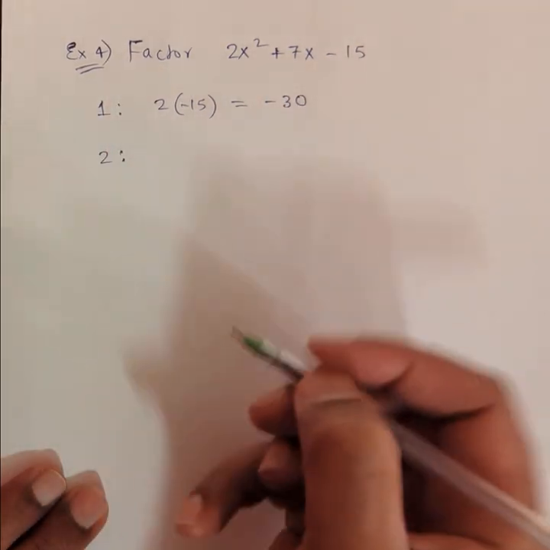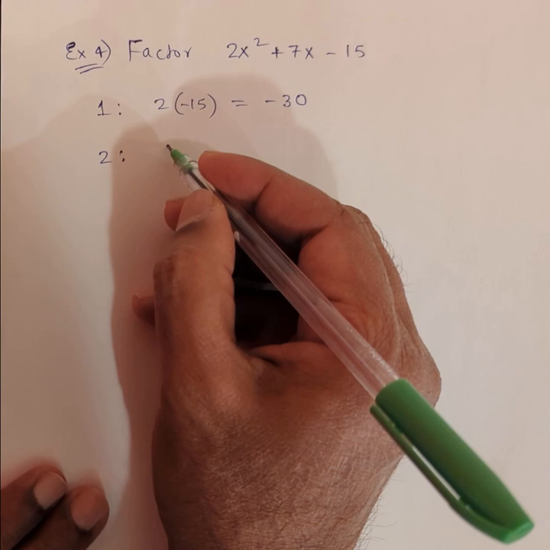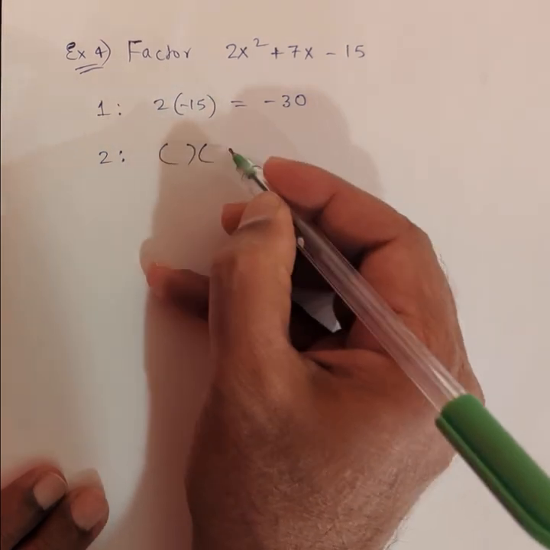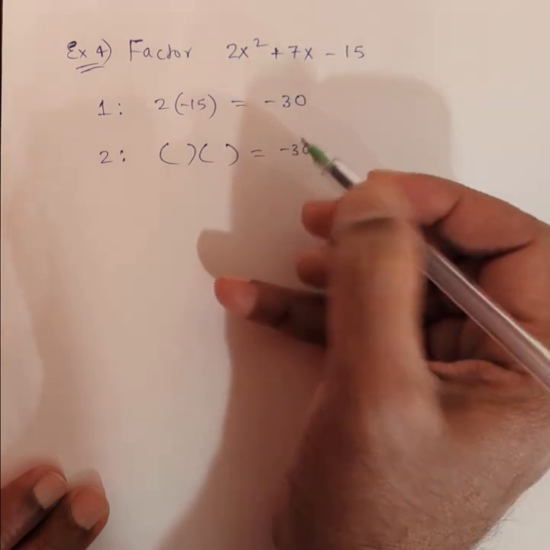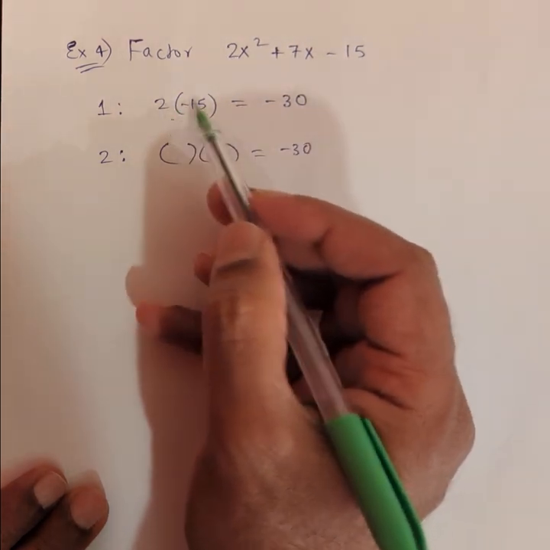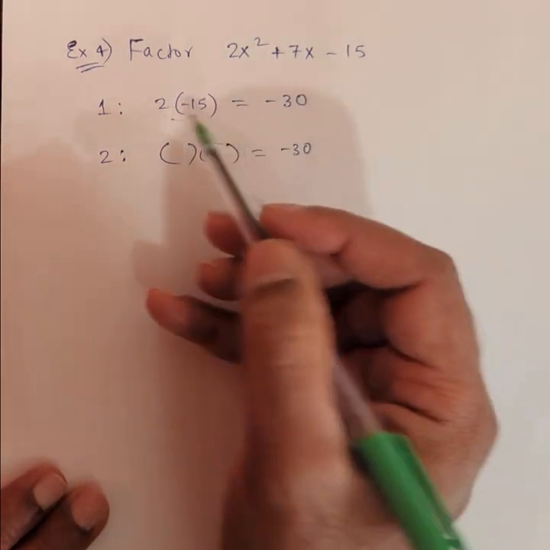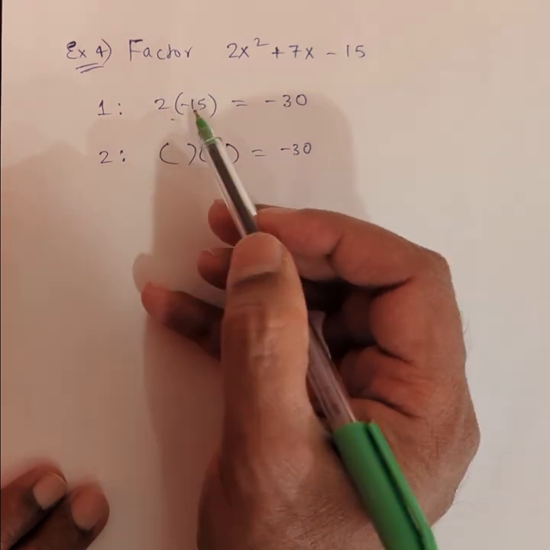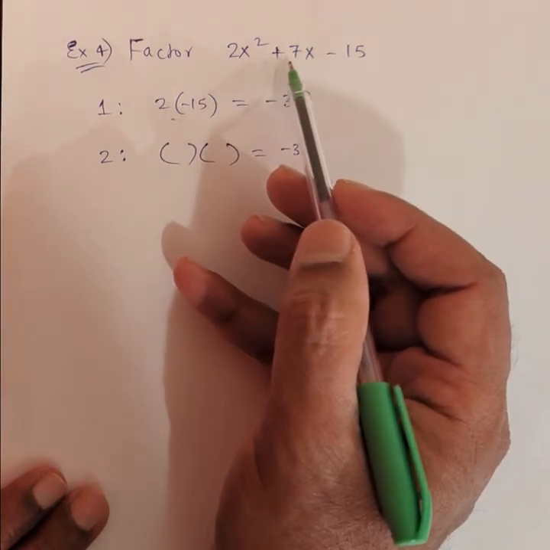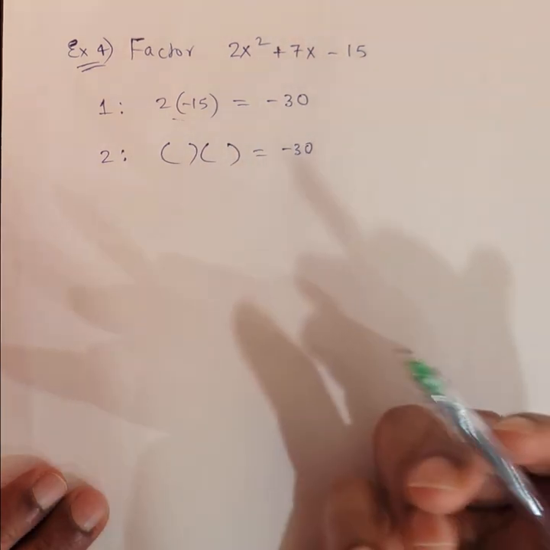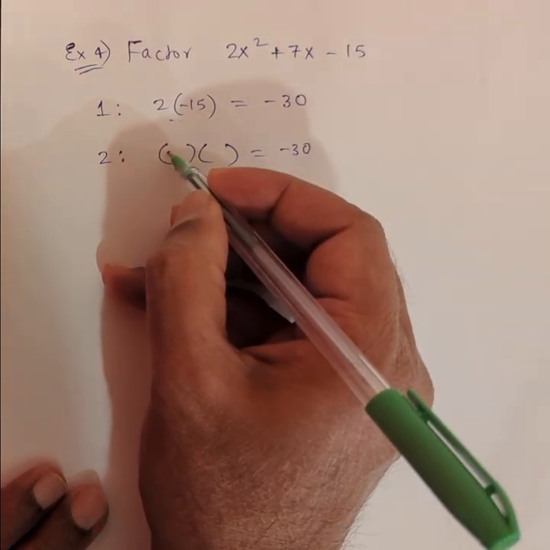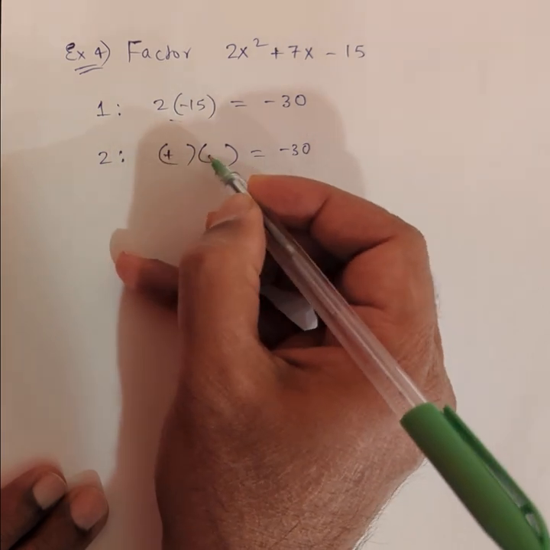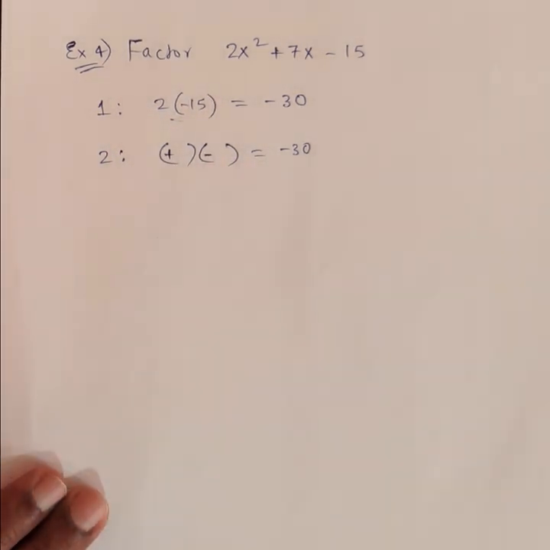Now in step 2, you want to think two numbers which multiply to -30. It could actually happen to be these two numbers, but let's check. Is 2 minus 15, is that giving me +7? No. So since the product is negative, I know one of the numbers is positive and the other is negative.